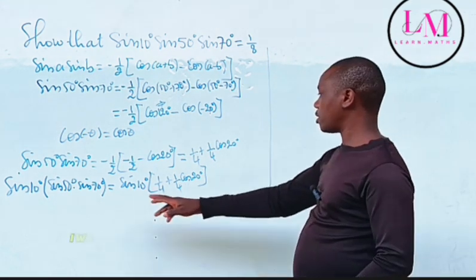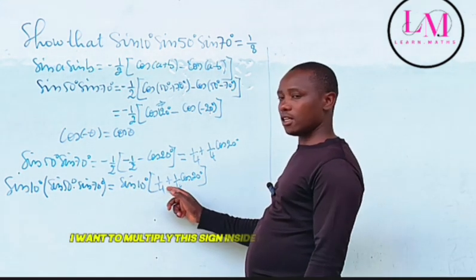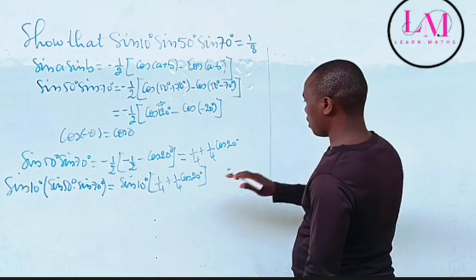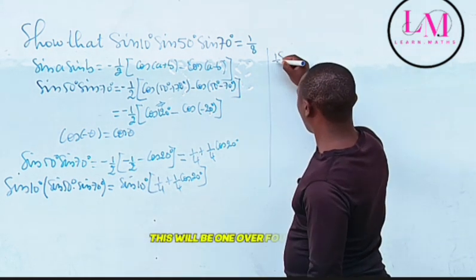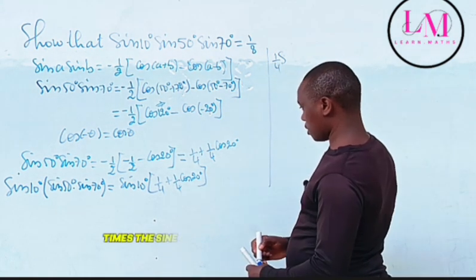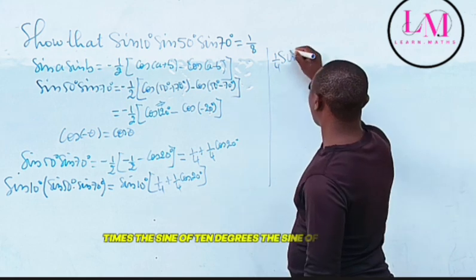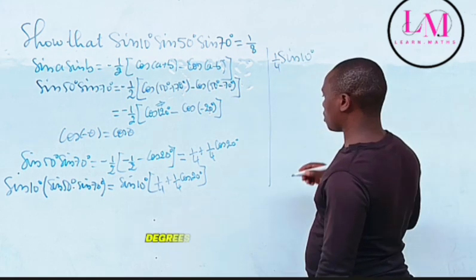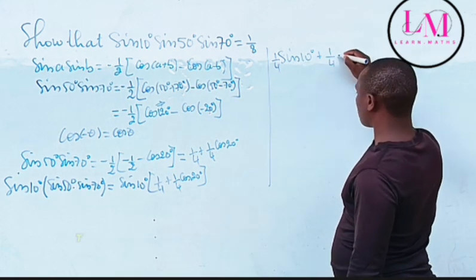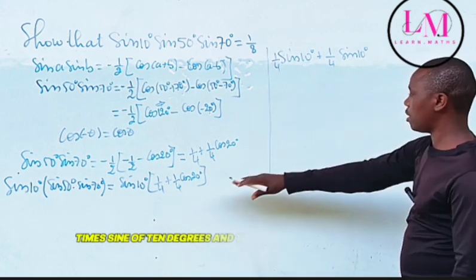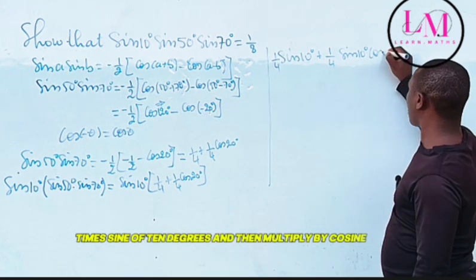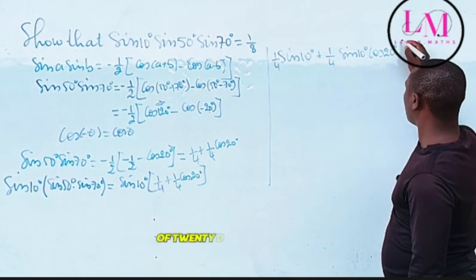Multiplying the sine inside, we have 1 over 4 times sine of 10 degrees plus 1 over 4 times sine of 10 degrees multiplied by cosine of 20 degrees.